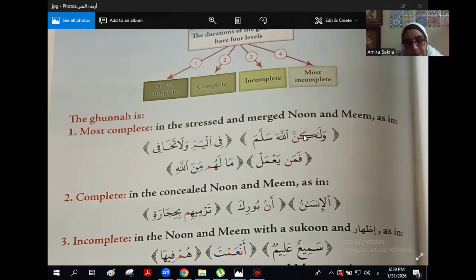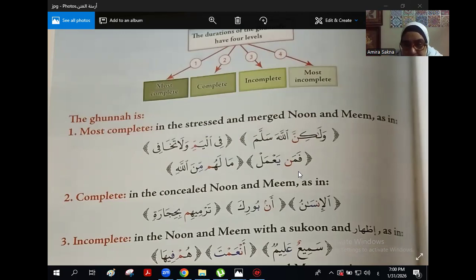Like in "walakin", noon with shadda, and here meme with shadda, "fil yam". This is the longest time, the most complete ghunna.